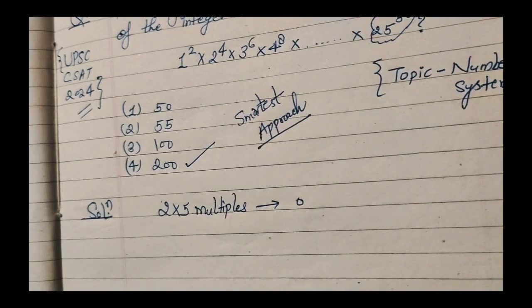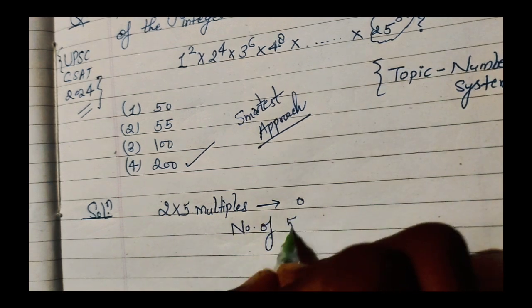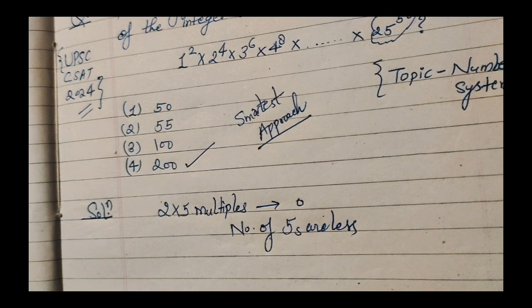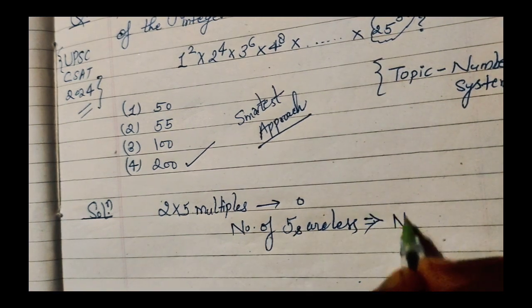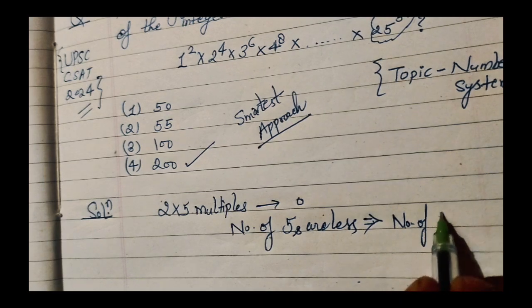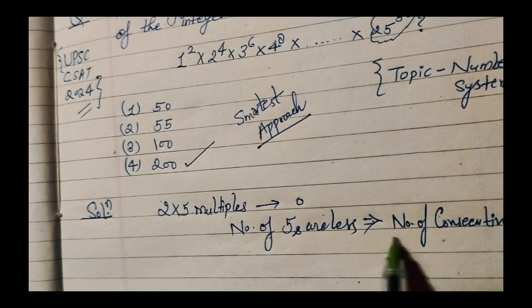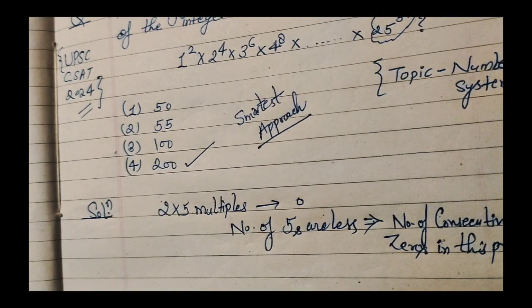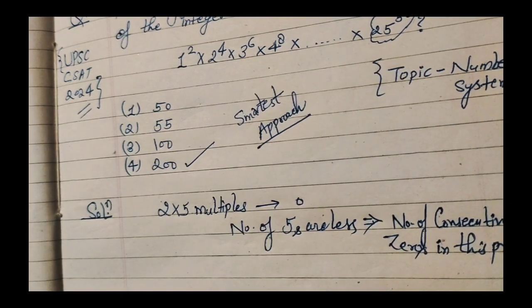So what I'm doing is, the number of 5s is less, so I'll count the number of 5s, and that will be equal to the number of consecutive zeros in this product, right? So if I have to count the number of zeros, I have to count the number of 5s.